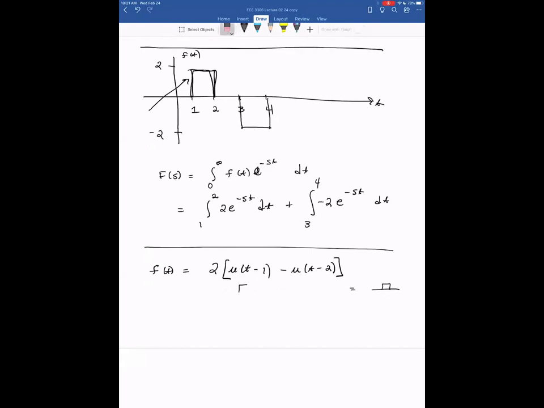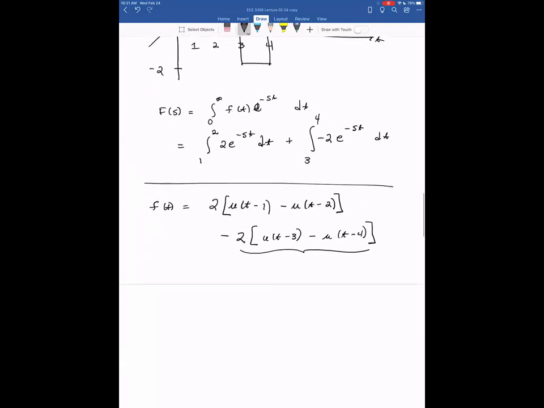And so then I also have the next pulse, which can also be represented by step functions. So I can then add, and because it's negative, I'm going to go ahead and subtract. The first leading edge occurs at t equal 3, and then it returns at t equal 4. So that second pulse would be illustrated by this expression.